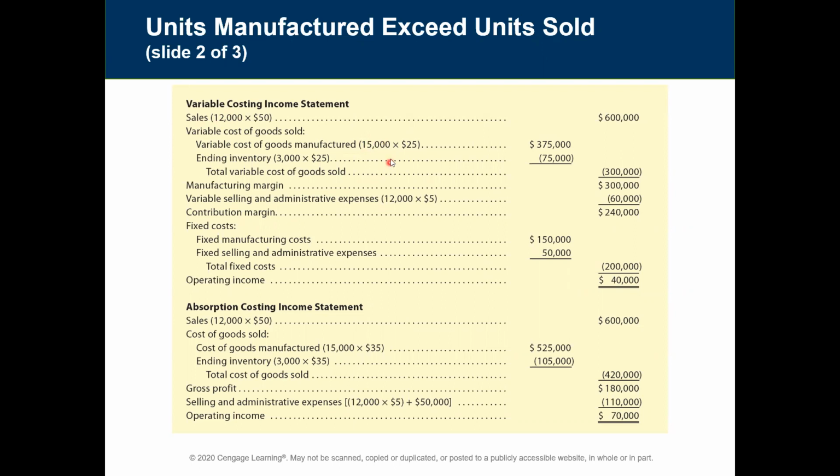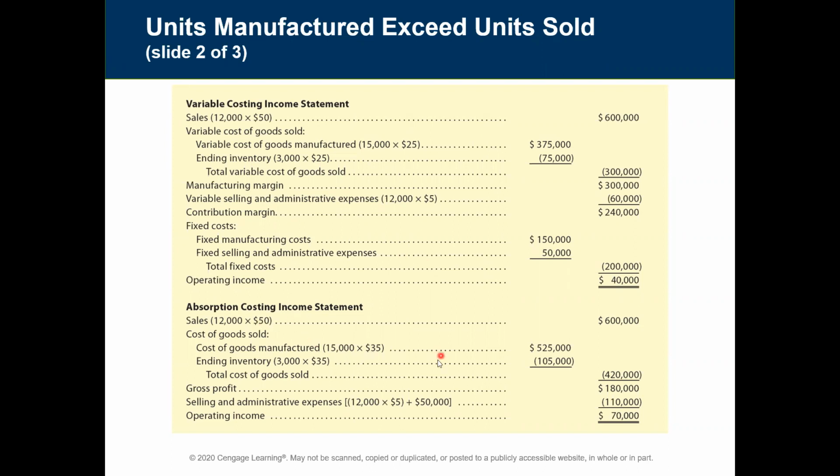The fact that they produced 15,000 units means if we use absorption costing, as we must for our financial statements, then some of the fixed costs are going to be attached to those 3,000 units of ending inventory, and they're going to go on the balance sheet rather than on the income statement, improving the bottom line on our income statement.